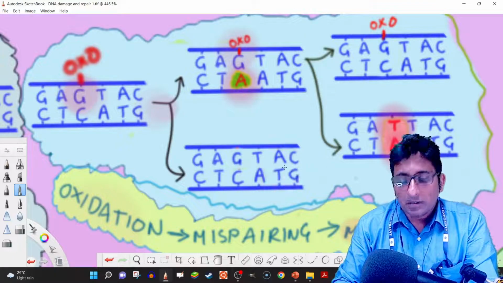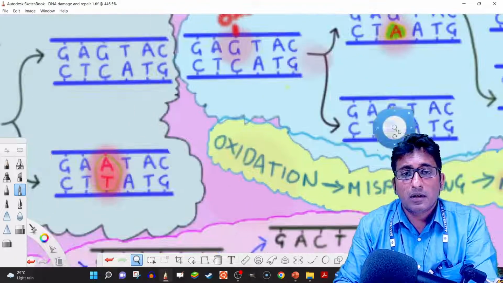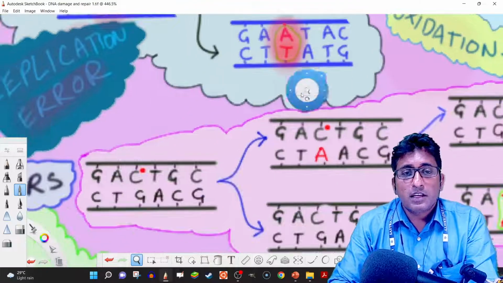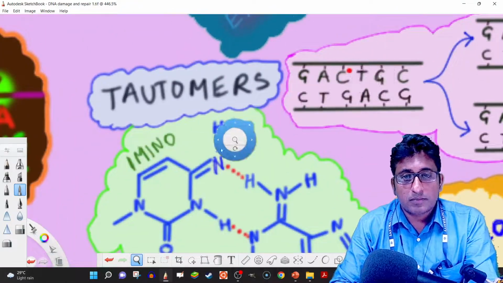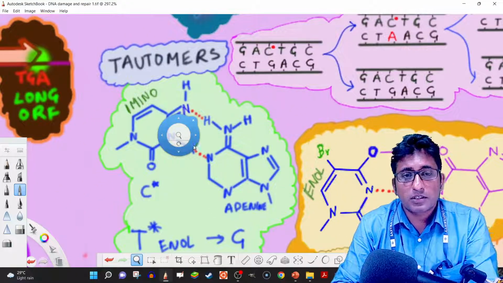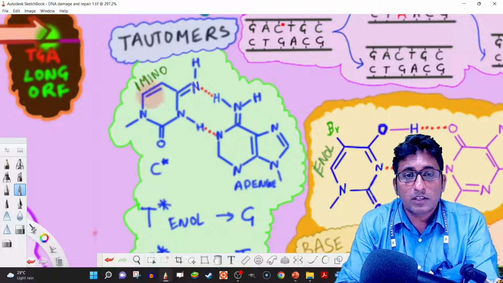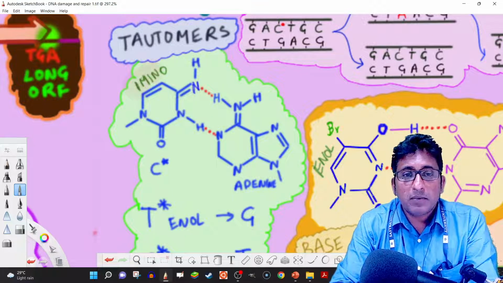And there are many similar ones that would have similar effects. Say, for example, tautomers. Tautomers are alternate structures of normal nitrogenous bases. We'll focus on this one. This is an imino form.